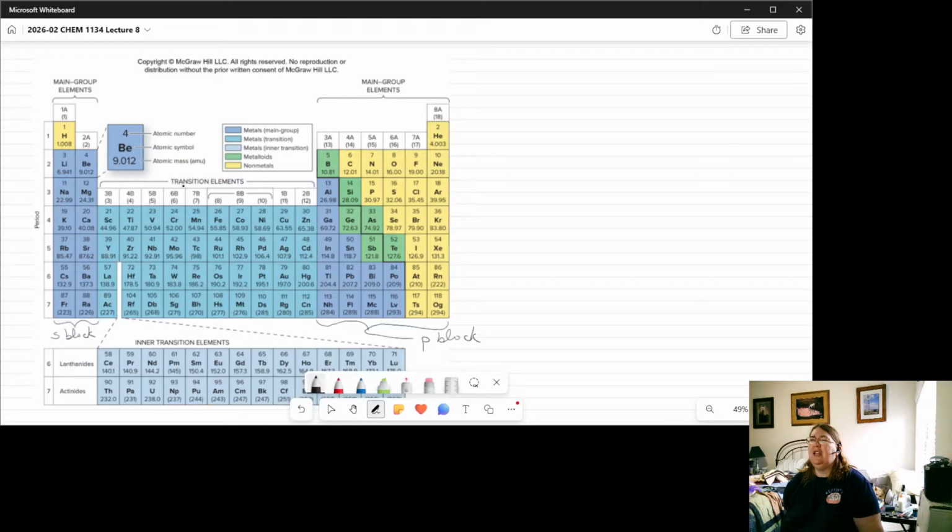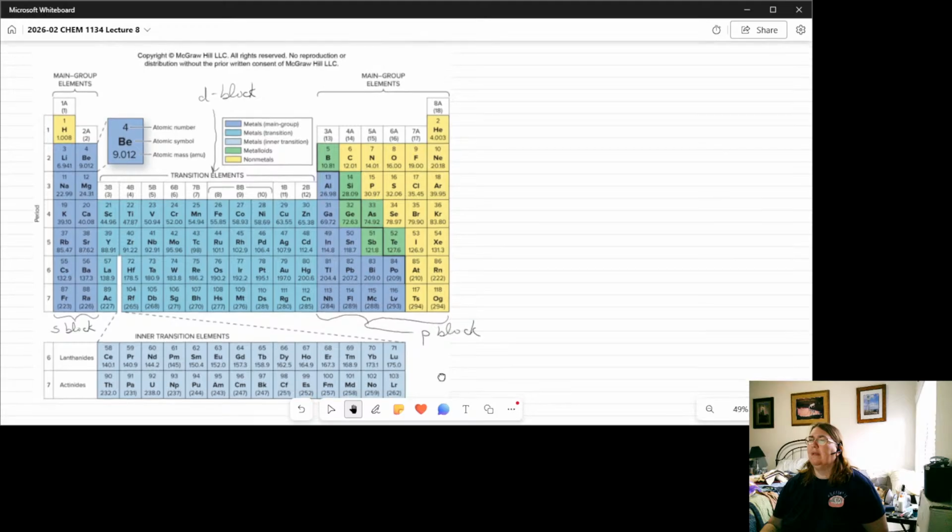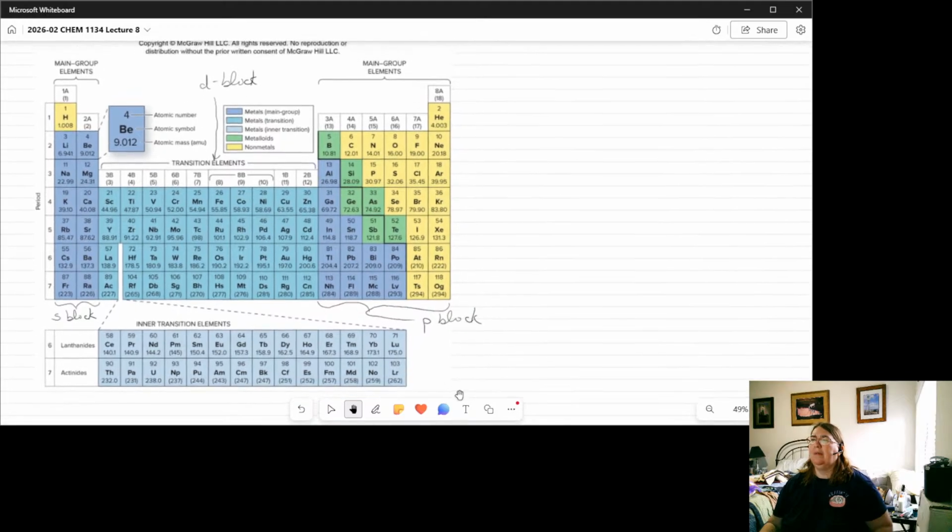The transition elements are more frequently known as the D block. And the lanthanides and actinides are more frequently known as the F block. And we'll get into why these names are applied in the very next lecture.